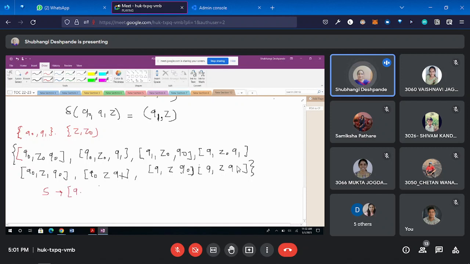कुठली स्टेट मिळणार आहे आपल्याला, Q0, Z0, Q0, बरोबर आहे, और Q0, Z0, Q1. So for both we have to consider this as a starting for Q0 and Q1.